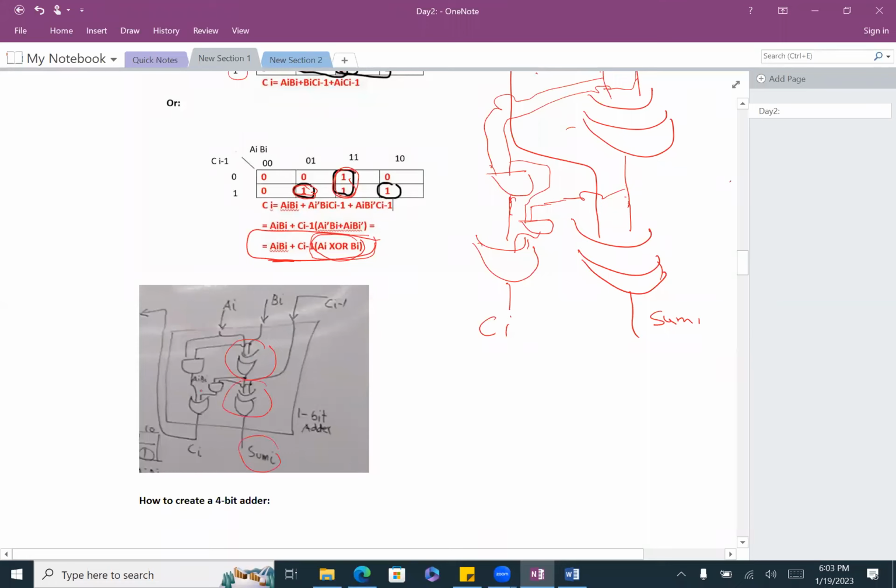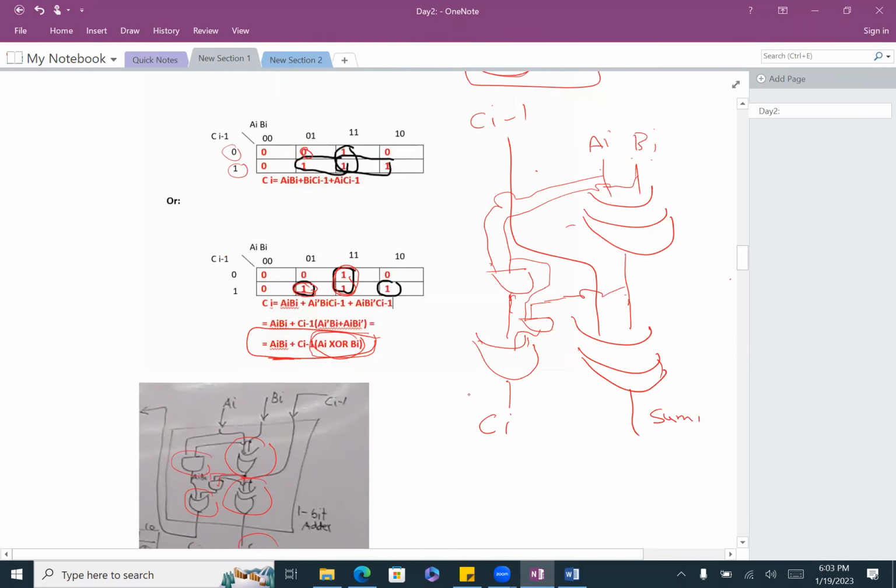Then, as we said, we have an OR, and you AND A_i with C_i minus 1, and the result from the first XOR with C_i minus 1, right? And then finally, when you do the box like this, that's how the circuit is going to look, right?